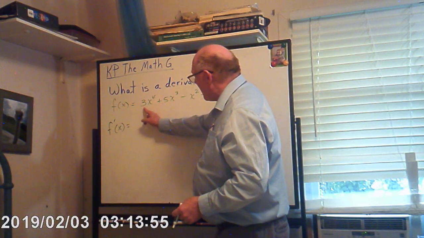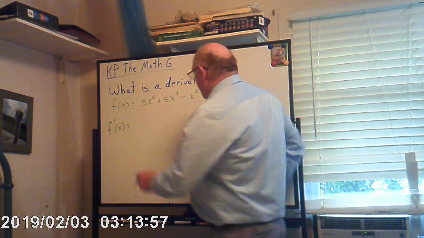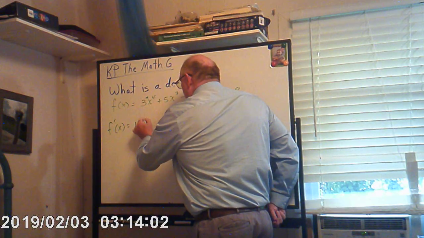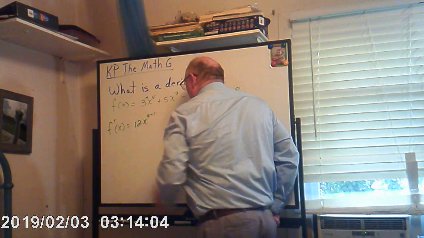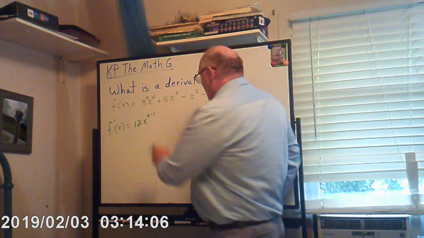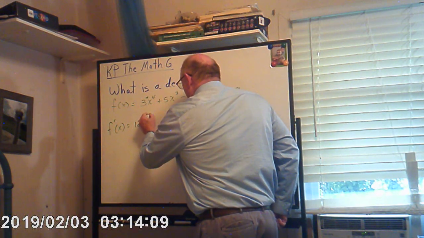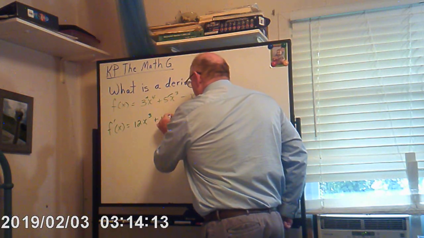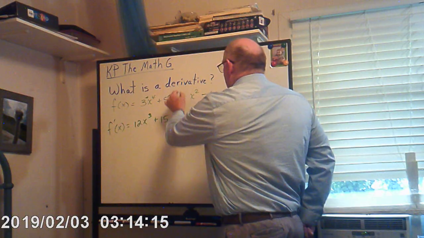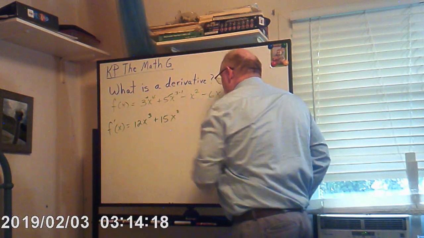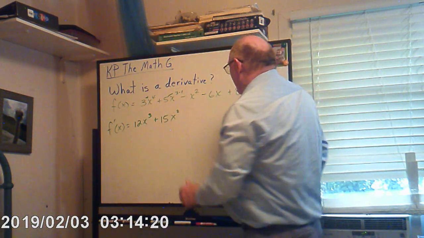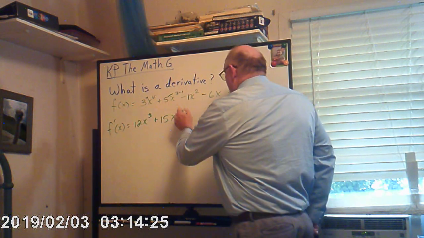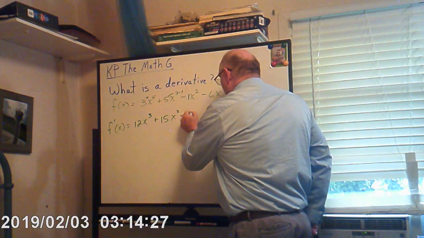You multiply the exponent times the coefficient. So 3 times 4 is 12, and then you drop off 1. 4 minus 1 is 3. 5 times 3 is 15, drop off 1 is 2. Simple, isn't it? Minus, this is a 1, understood. So minus 1 times 2 is 2.